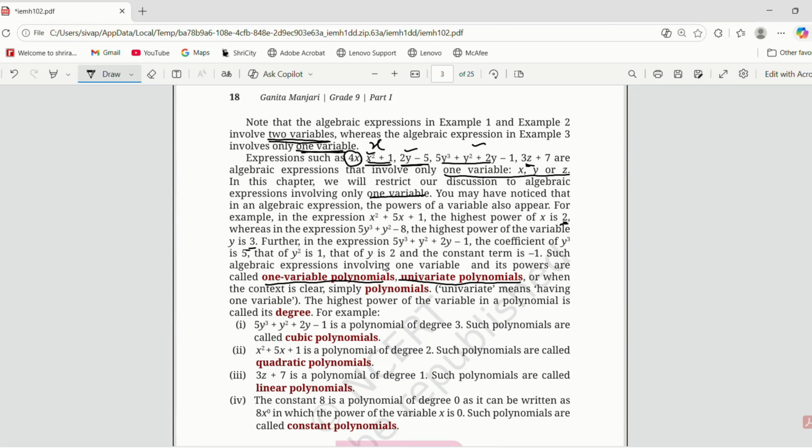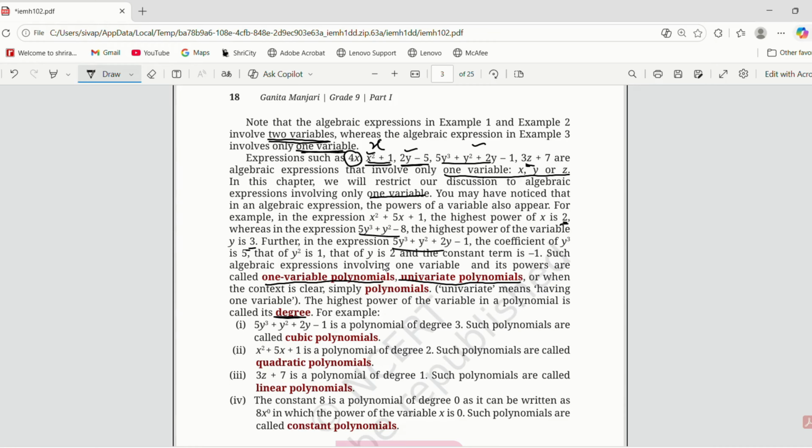All these examples are called one variable polynomials, because there are many terms, but they involve only one variable. When the context is clear, we simply say polynomials. The highest power of the polynomial is called the degree of the polynomial. This term is very important.